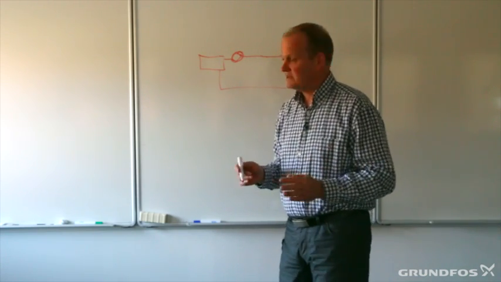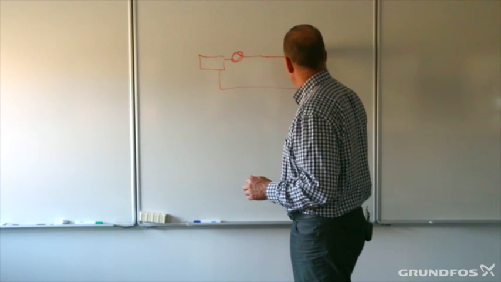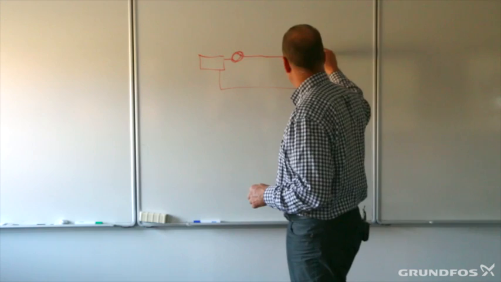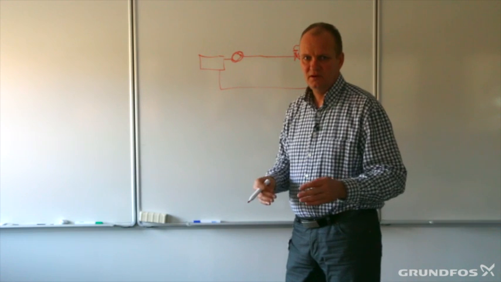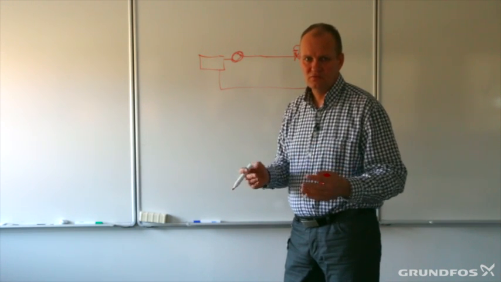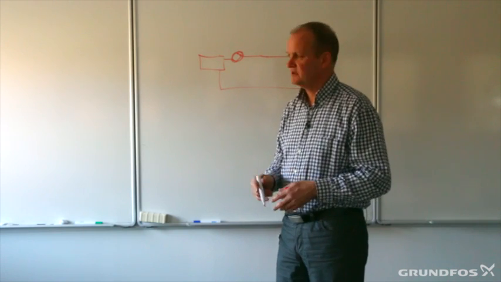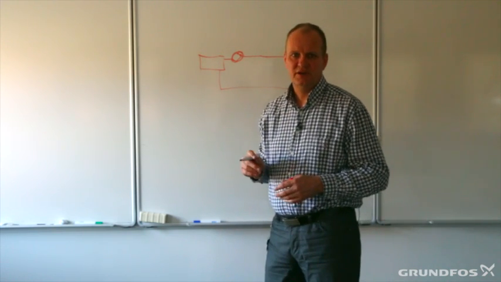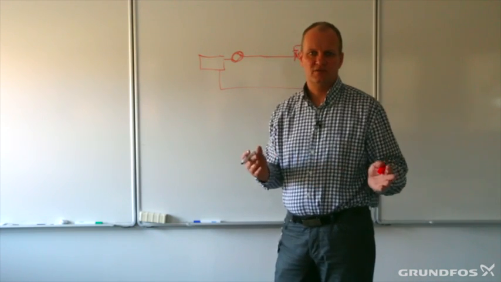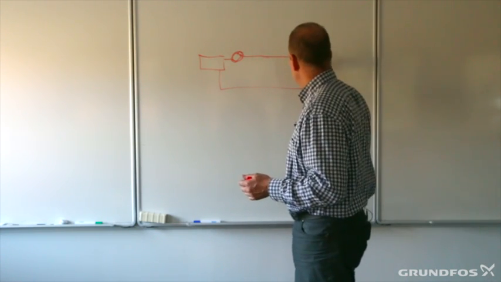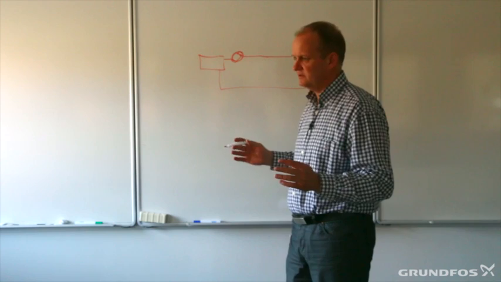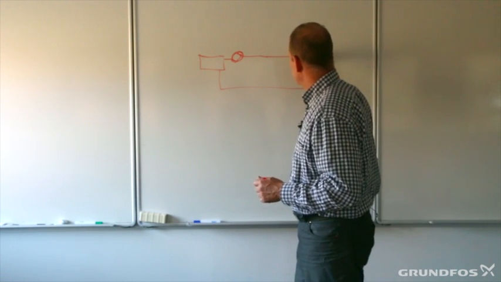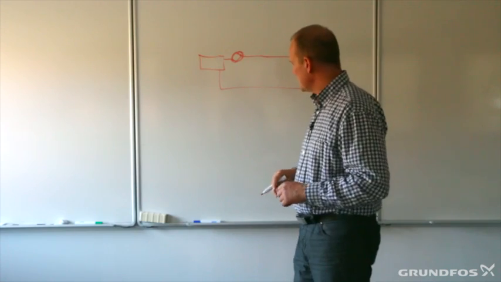And these valves are opening and closing depending on the actual load in the room. How many people are occupying the room, how many computers are engaged, the amount of sun radiation from windows, etc. is determining what is the actual need out here. And if the need is going down, the valve is closing.